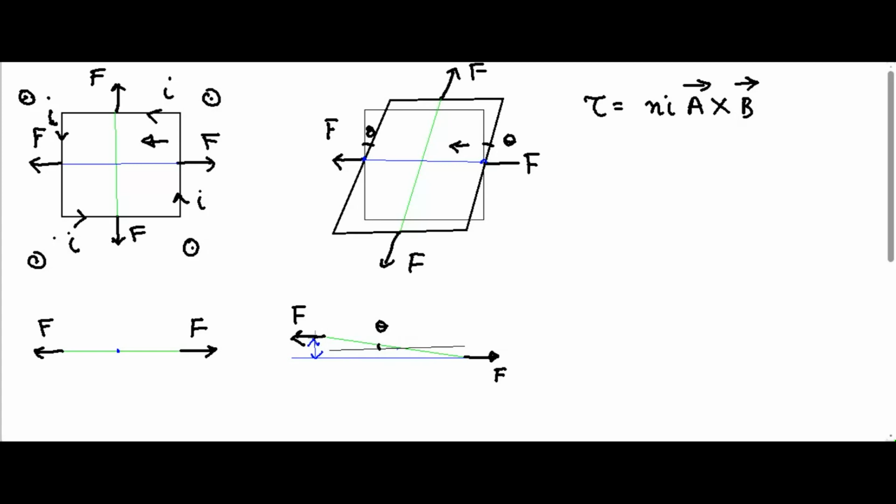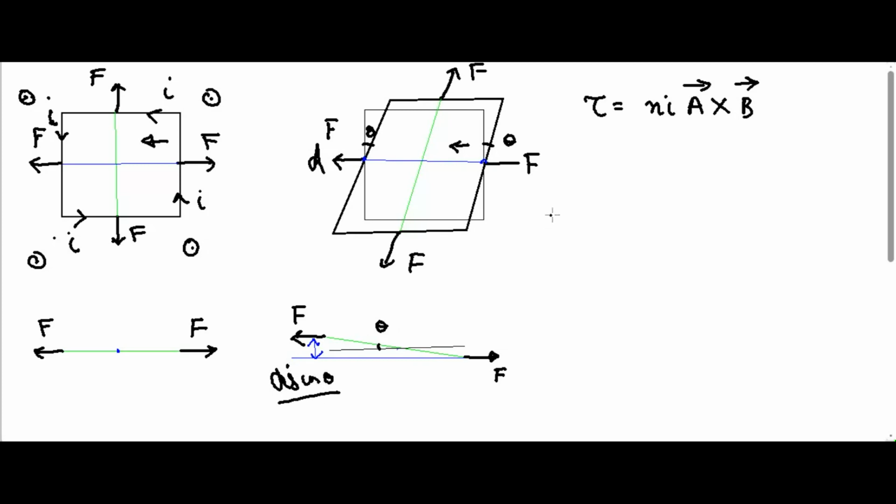And now the forces, if I extend those forces, suppose I extend this force right through here, it is now not passing through the other force F, but I can drop a perpendicular from this force F to the extension line of the second force, which is the blue line, and now there is some perpendicular distance. We studied that if this is d, then this perpendicular distance will be d sine theta.